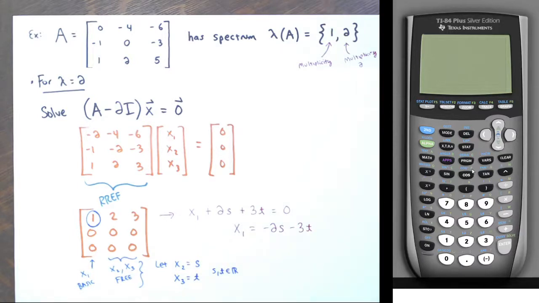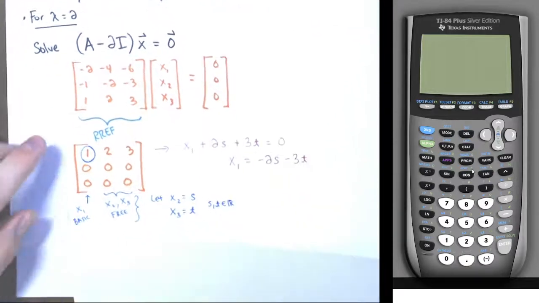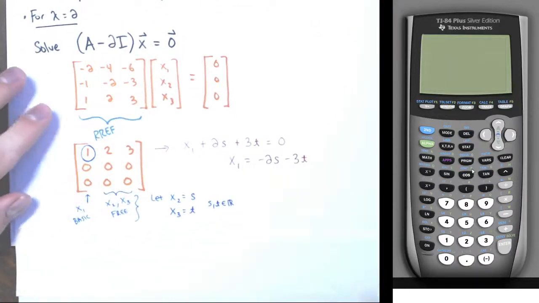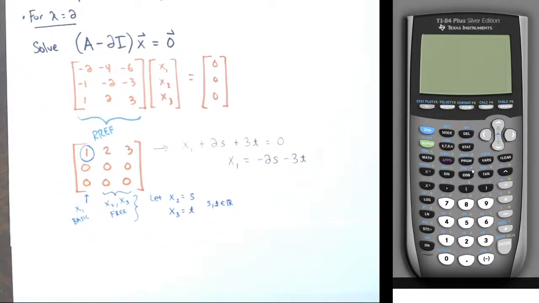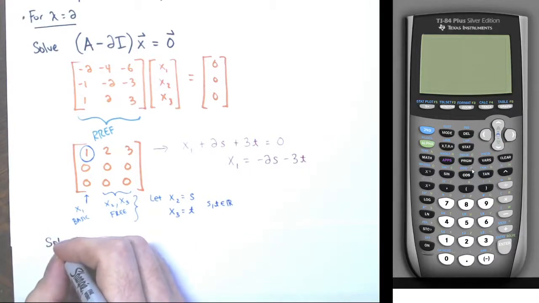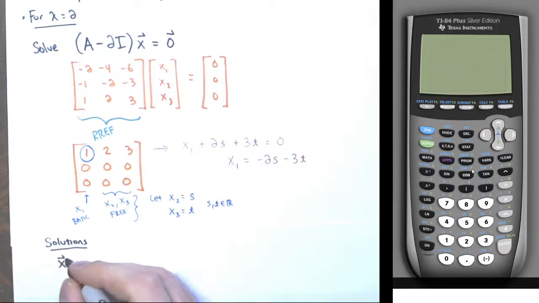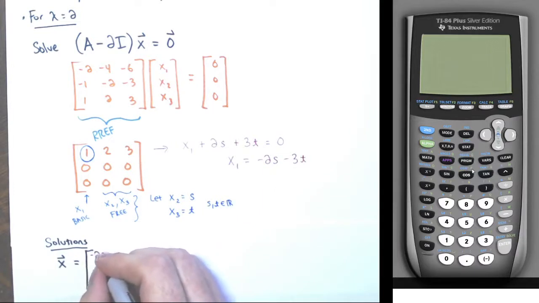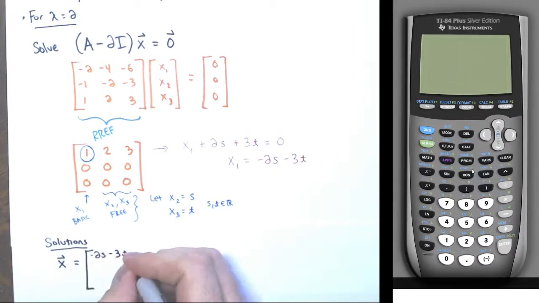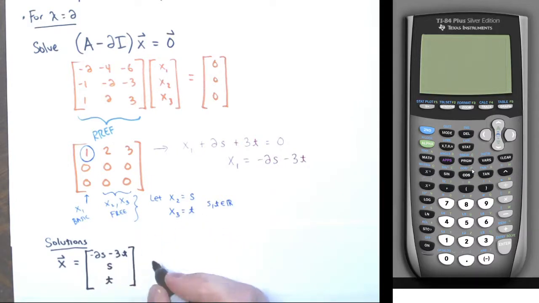Alright, so now I can describe the solutions of this equation, A minus 2I times x equals 0. Every vector I replace x with that makes this true will have three components, where the first component is negative 2s minus 3t, the second component is just s, and the third component is just t.